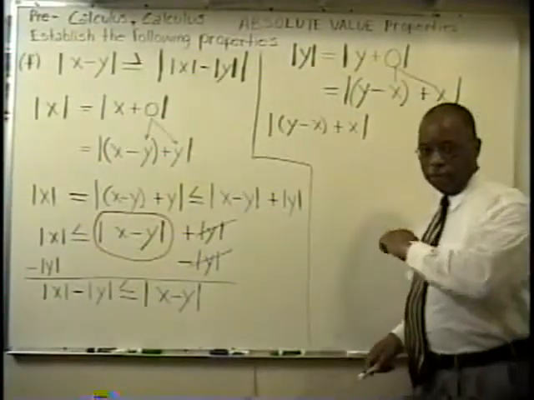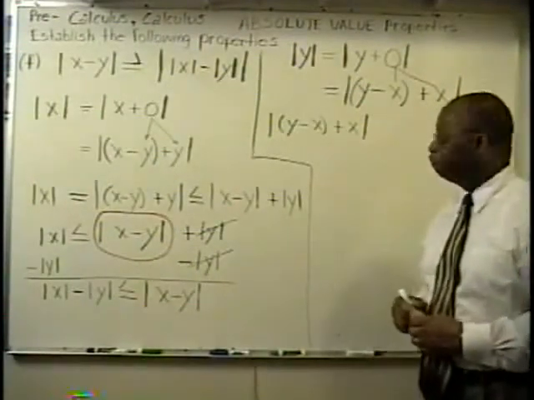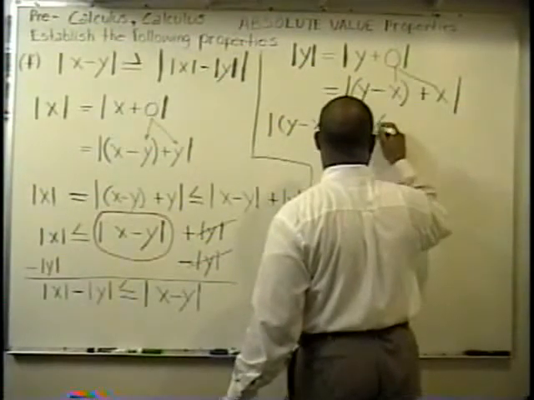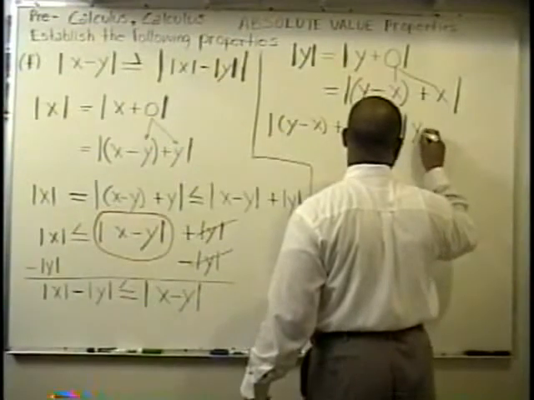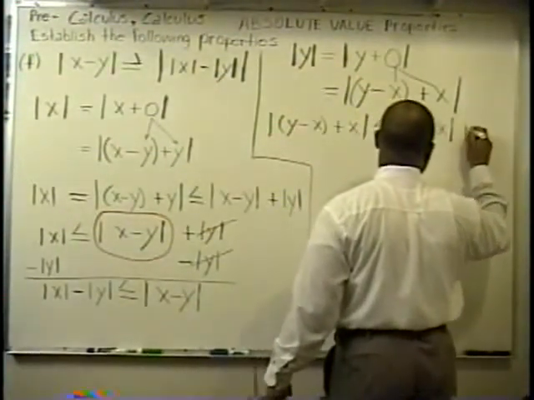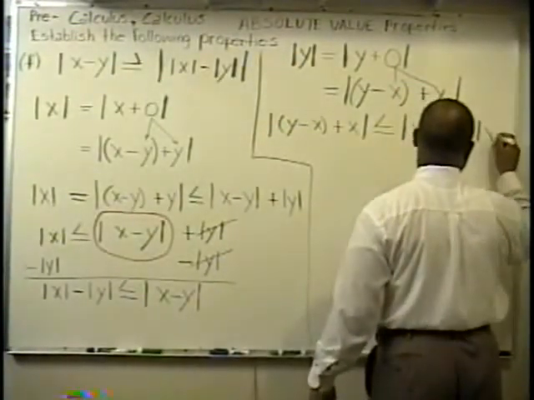Do you agree with that? Are you sure? Let me know by way of email. Well, the triangle inequality states that this is less than or equal to the absolute value of y minus x plus the absolute value of x.